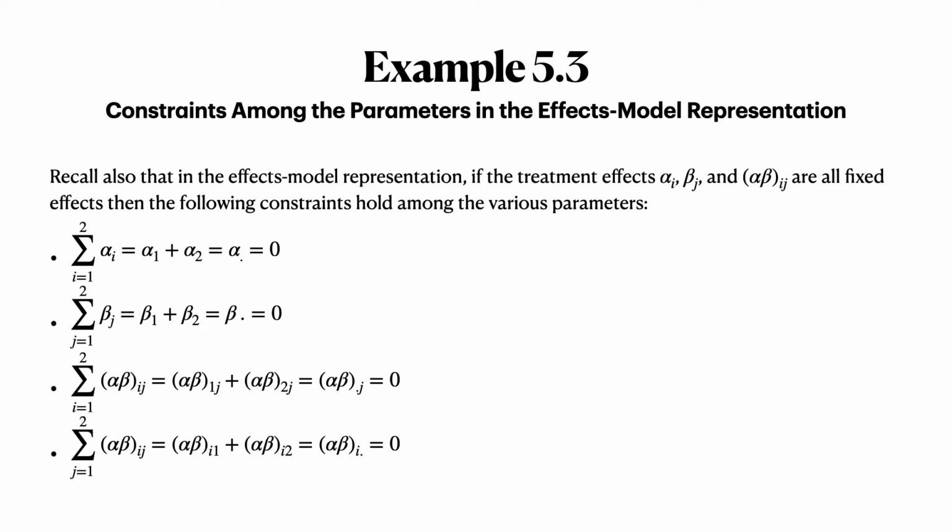The alpha beta ij's are such that if we sum along either of the two indices, we get 0. So if we sum the alpha beta ij's along the first index, the i index, then that sum is going to be equal to 0. And likewise, if we sum the alpha beta ij's along the second index, the j index, that sum will also be equal to 0. And those two facts imply that if we sum all of the alpha beta ij's together, we would again get 0.